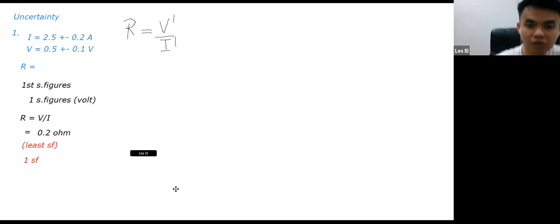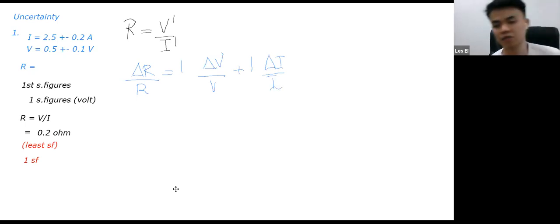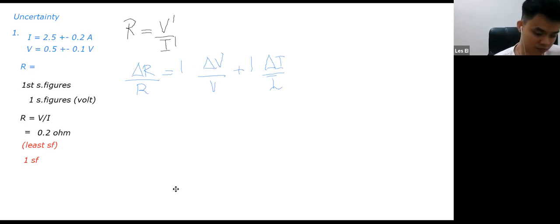So the fractional uncertainty of the resistance is 1 times the fractional uncertainty of the voltage added with 1 times the fractional uncertainty of the current. Any of the students want to ask questions until here? No. Okay.